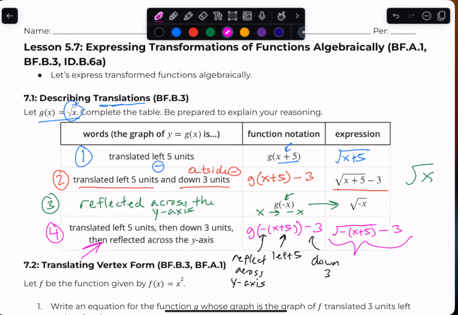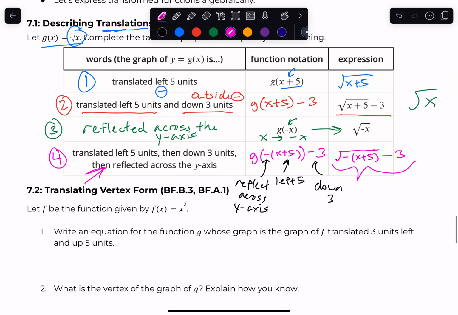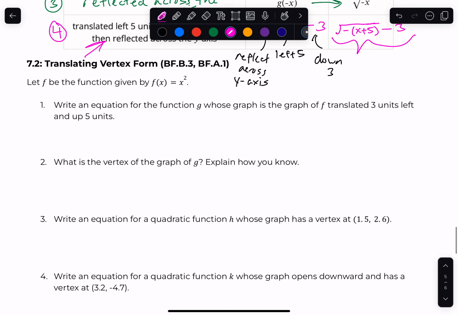So let's go back to our notes. Now we can do the same thing with other types of functions. For 7.2, we're translating vertex form. Vertex form is a form of a parabola that shows me the vertex of the graph.